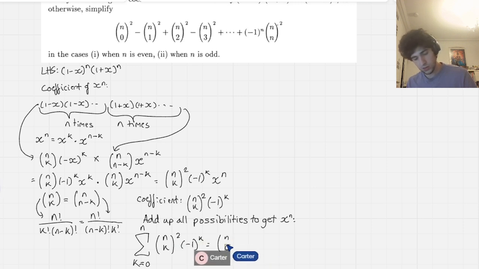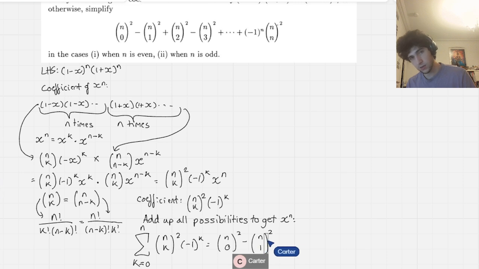So n choose 0 squared multiplied by minus 1 to the 0, that's just 1. And then minus n choose 1 squared, plus n choose 2 squared. And you can see that this will keep going on until we get n choose n squared times minus 1 to the n.